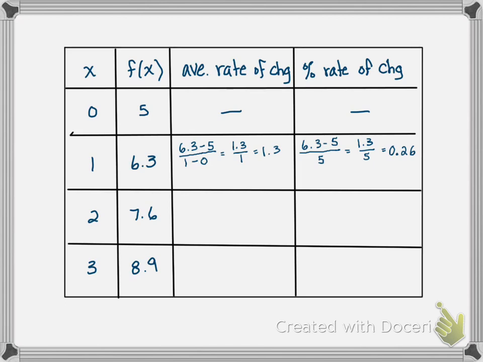So how would I find the average rate of change between x equals 1 and x equals 2? So change in my output divided by change in my input gives me 1.3 over 1, which is 1.3. And then what about my percent rate of change?